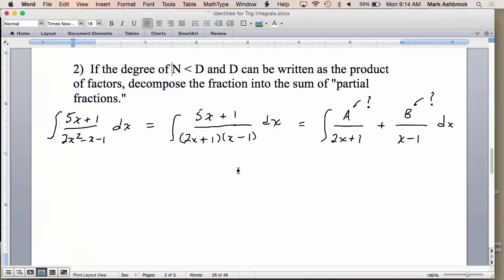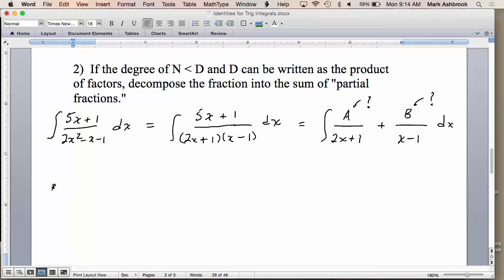So we're just going to proceed on the right here. We're going to add them together, keeping the capital A and capital B. So how do we add those together? What do we do? We need our common denominator, which is 2x plus 1 times x minus 1.